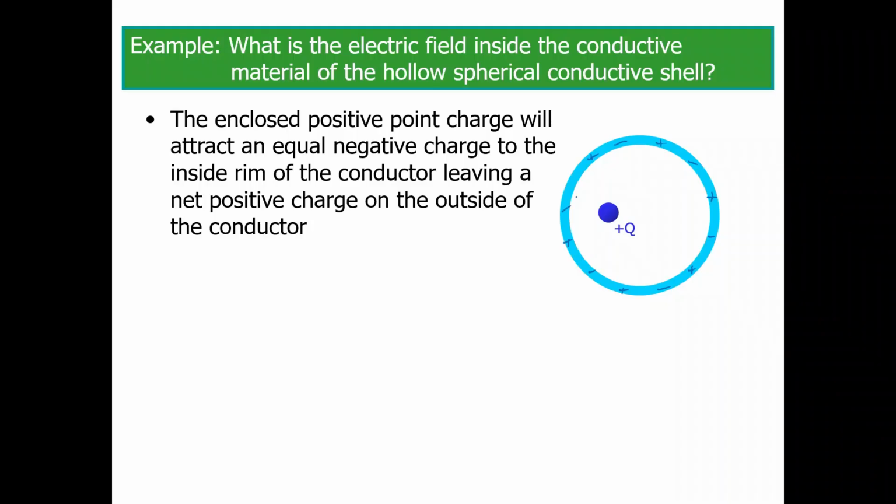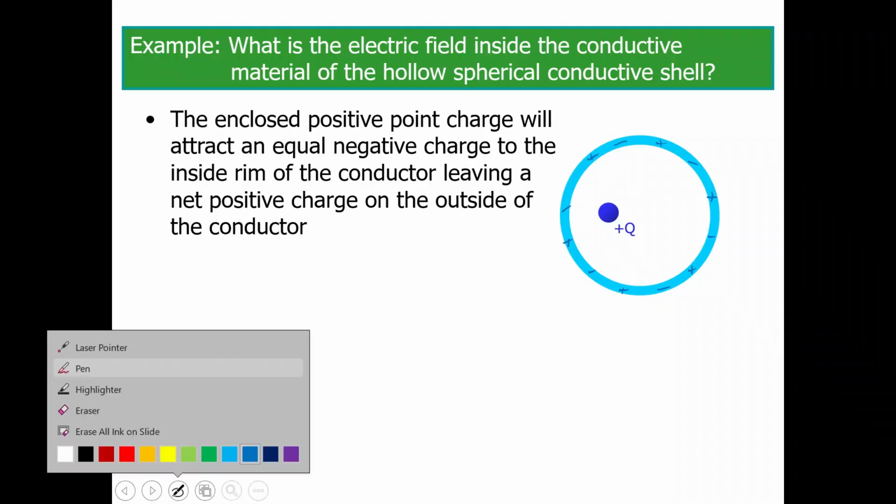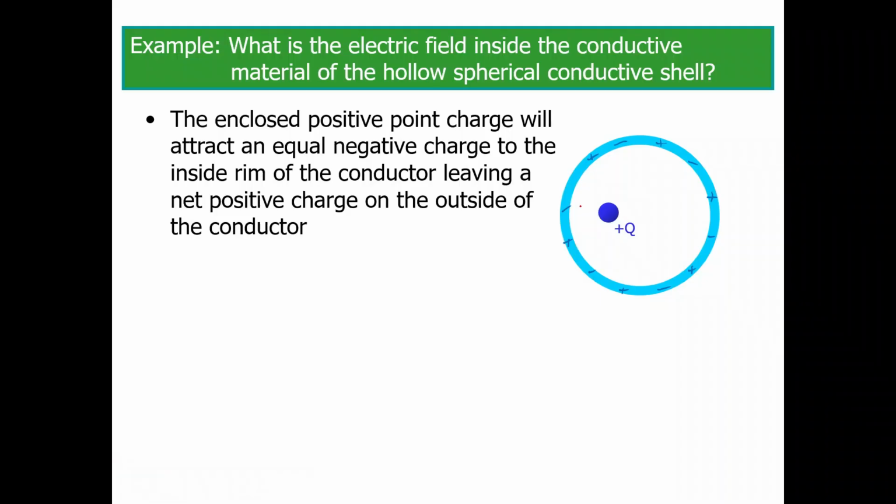So picture that we've got all these positive and negative charges inside. Well, what happens is these negative charges are going to get pulled towards the center. They're not going to leave the conductor. They're just going to move towards the surface.